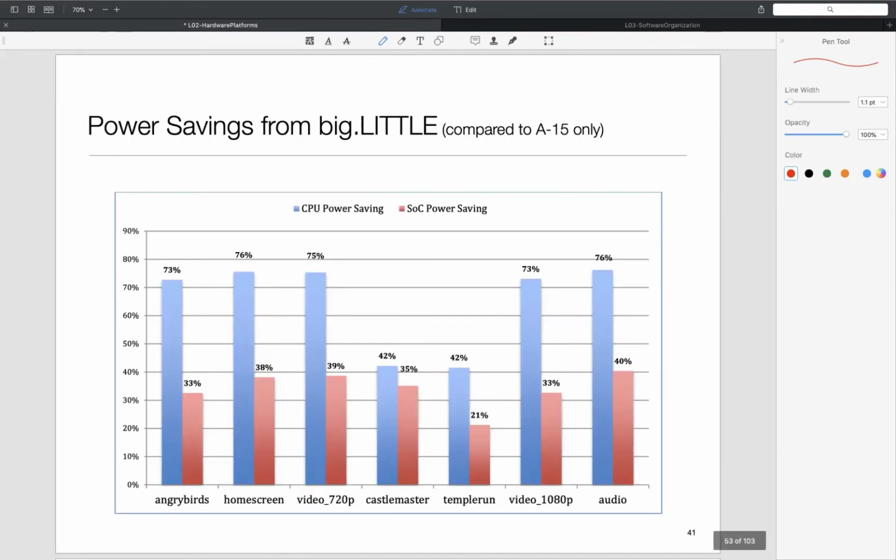Now, another thing is companies like Apple and Qualcomm collect a lot of data from your usage, and based upon that, they try to come up with better and better power management strategies, right? So essentially, they may start out with something that they push out, but then over time, based on the actual usage out in the field, the goal is to come up with a better scheduling algorithm, a better way to power manage.